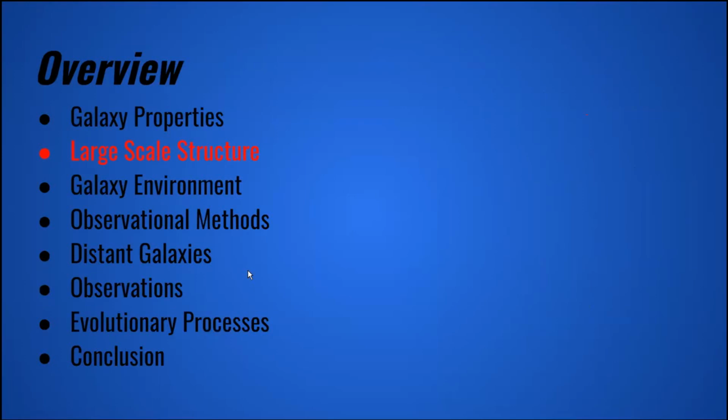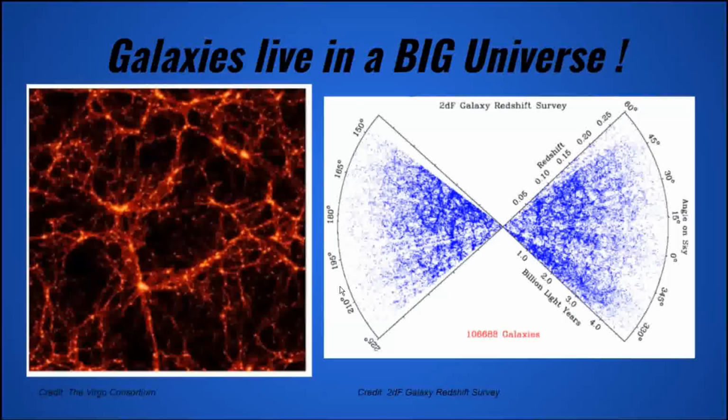But as I said, galaxies are also not alone, because they live in the large-scale structure of the universe, which kind of looks like this. So this is a simulation, but each dot is a galaxy, which means that where it's brighter, there's lots of galaxies.